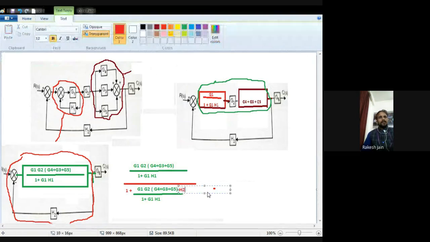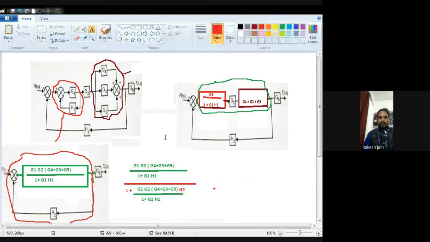Okay. Yes. Then what will happen? So we have to solve this one. When we take the LCM, G1 G2 on the upper side will be this.